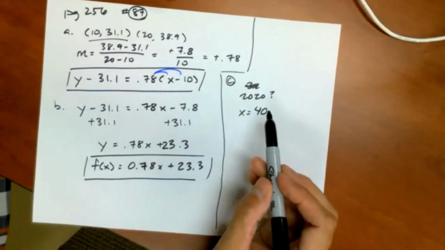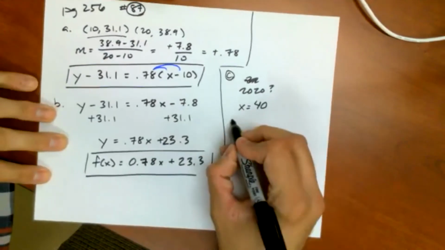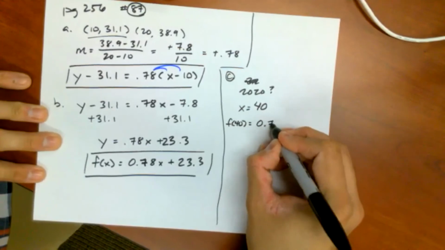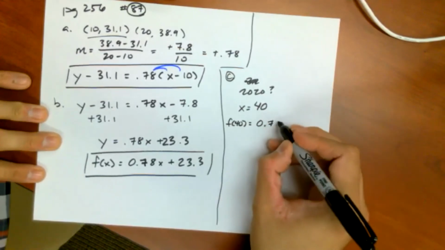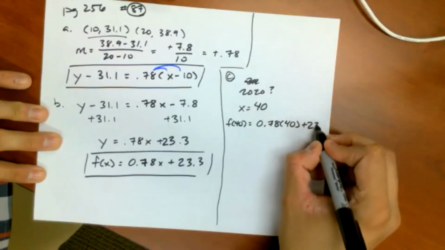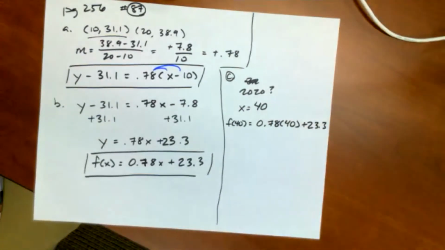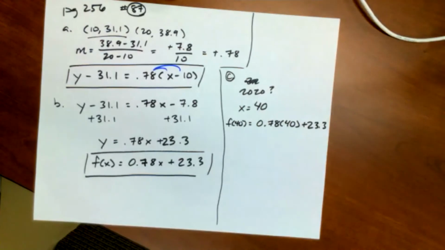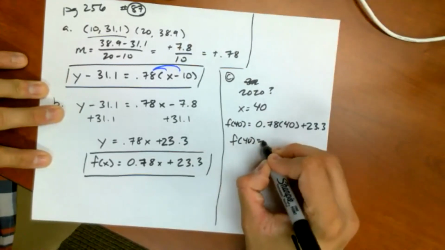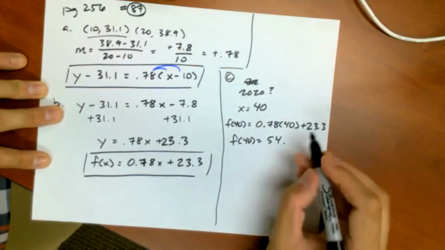So all they want us to do is plug this 40 into this function. So f of 40 is 0.78 times 40 plus 23.3. That's 54.5.